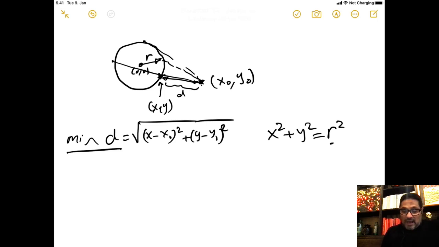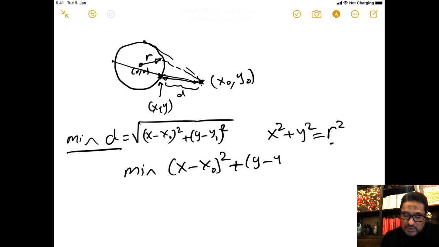Now, minimizing d is the same as minimizing d squared. Then we can write it as: minimize (x minus x0) squared plus (y minus y0) squared, subject to the constraint that x squared plus y squared equal to r squared.